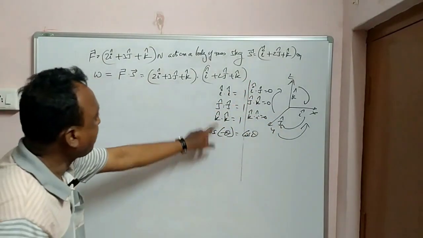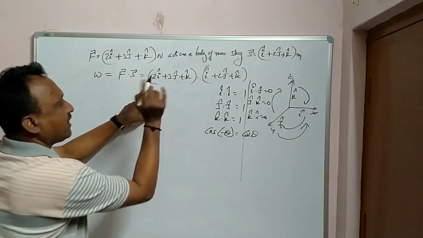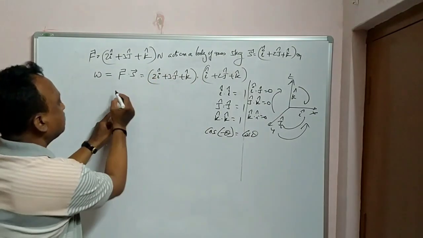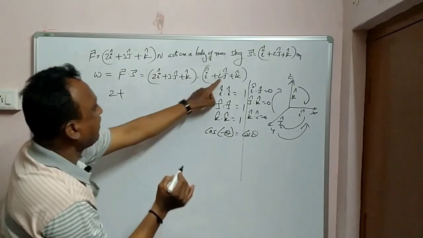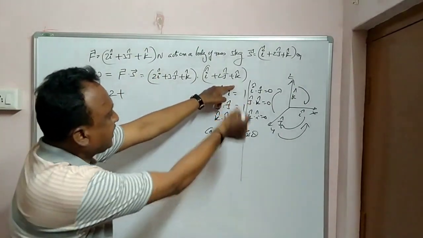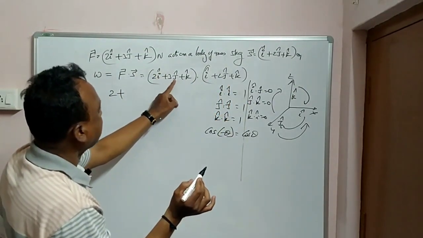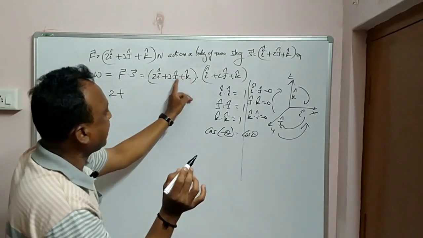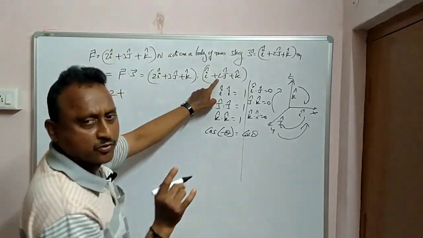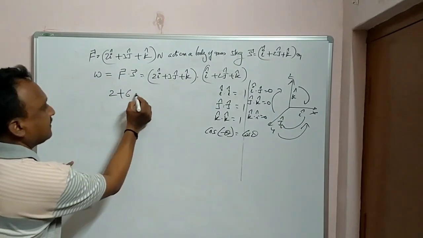So if you apply this property here and solve, what is i dot i? 1. 1 into 2, 2. i dot j, 0. i dot k, 0. You can come to the second one. j dot i, 0. j dot j, 1. 1 into 2, 2. 2 into 3, 6.